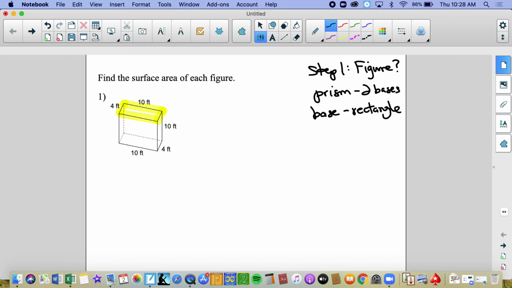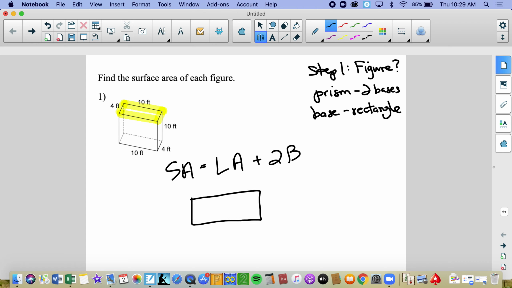Okay, so whenever we find the surface area of a two-base figure that has a rectangle, we're going to have the lateral area plus two bases. And we know that every single lateral area for a prism is always going to be a rectangle plus two of the bases.